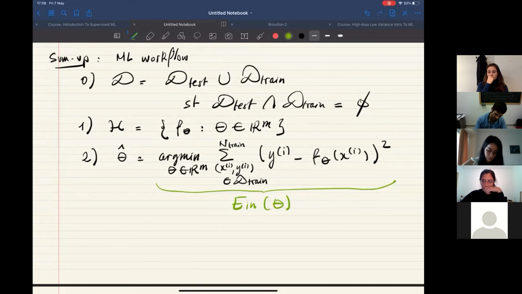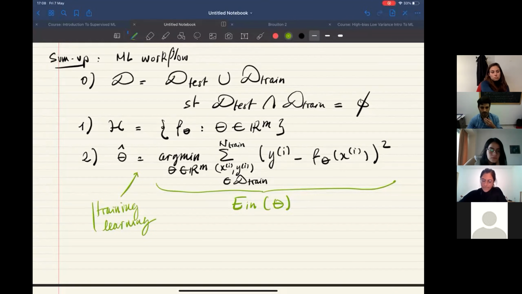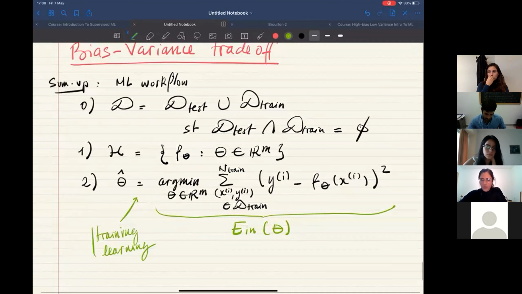And so the training, or the learning, is this operation, which is to pick the parameters that minimize the training error, okay? All right.